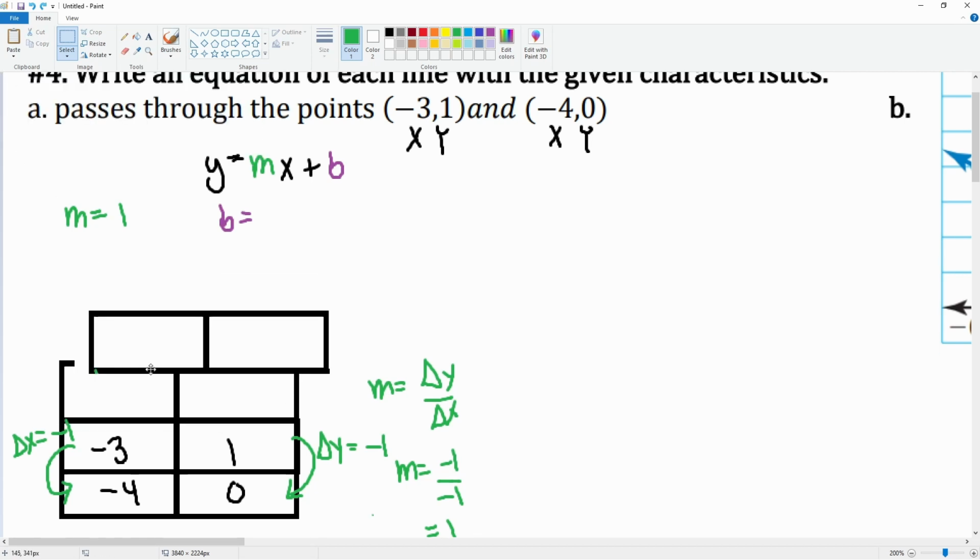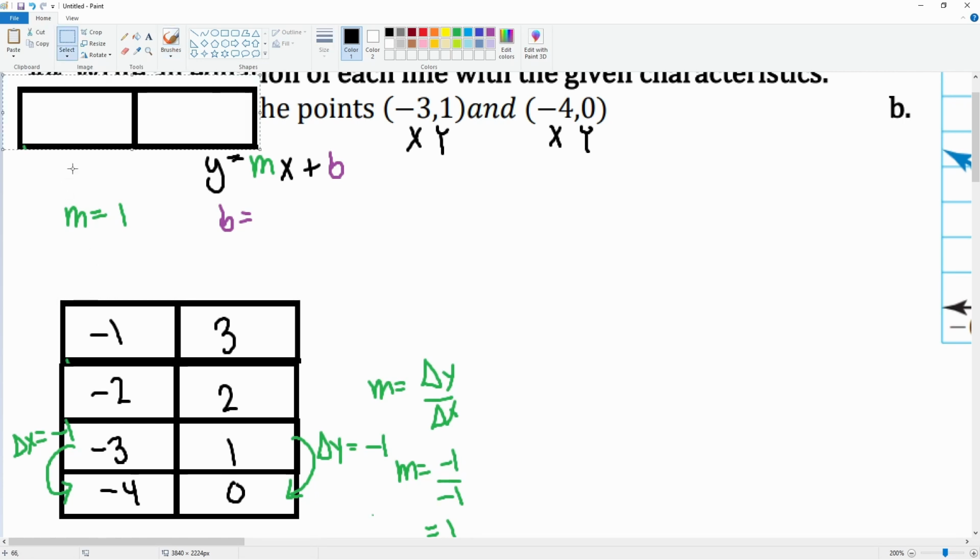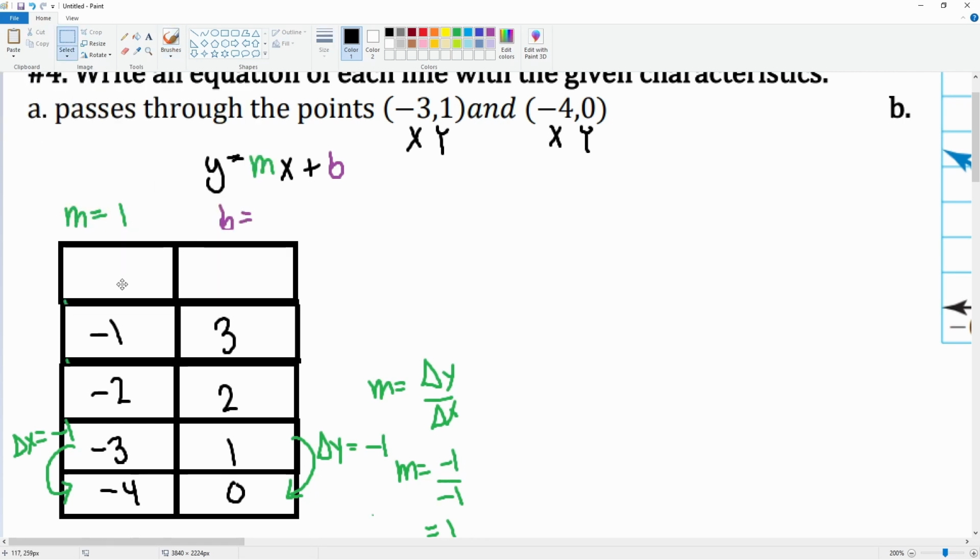So the next part would be, if we go backwards, this becomes -2. So this becomes 2, right? And we just keep going backwards. -1, this would be a 3. Then let's do that again. I think we should have now, yes, it goes back to 0. And this becomes 4. Perfect, right? We just use the chart to get the y-intercept.